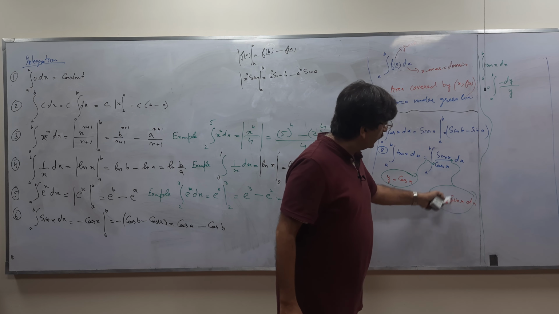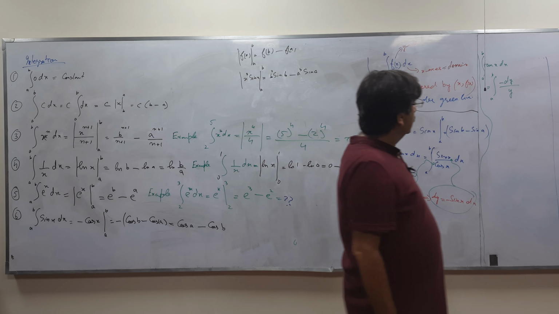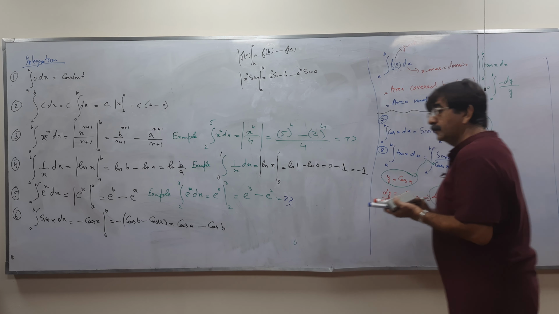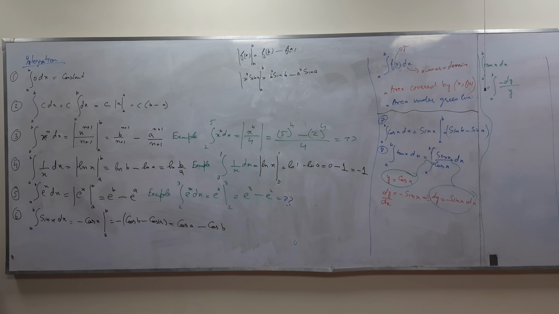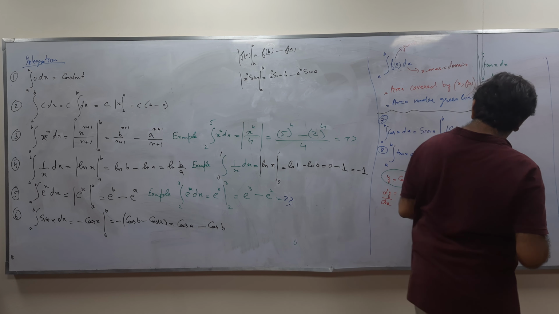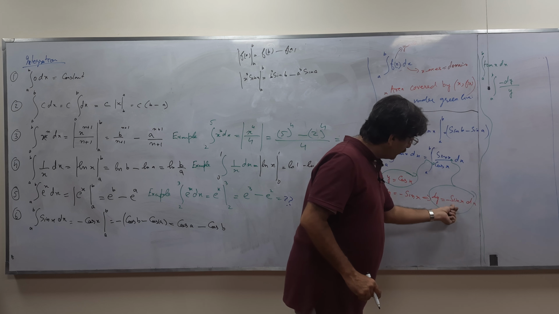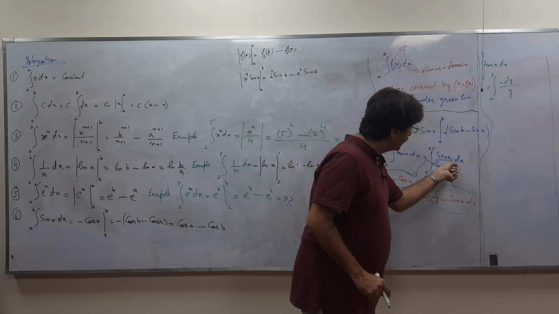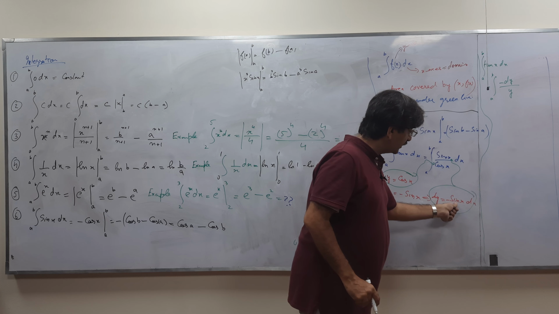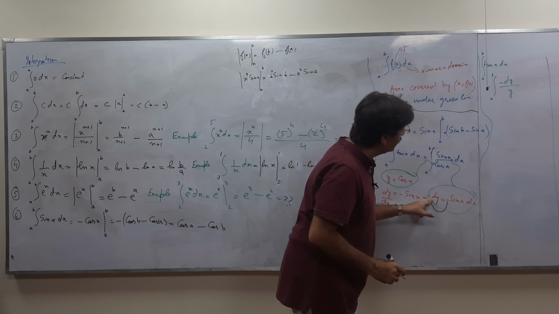Here y is cos x, and minus sin x dx is equal to dy, so sin x dx becomes minus dy.